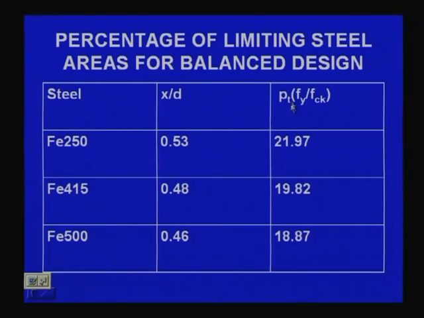Instead of percentage of steel, we have written this one, Pt Fy by Fck, that is equal to 21.974. From there we can find out the corresponding value of Pt. So, similarly for Fe415 also we can find out. Similarly for other one also we can find out. Okay. So, we shall conclude this particular class here, and we shall continue the next.